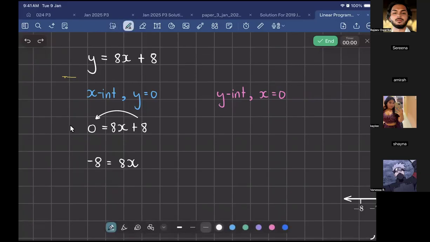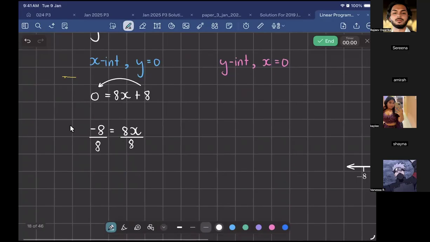Right, I'm going to divide by 8. Eight could go into 8 how many times? One time. So that's going to cancel off to give us 1x, which is just x. So x would be equal to negative 8 over 8. What is negative 8 over 8? Negative 1. Awesome.